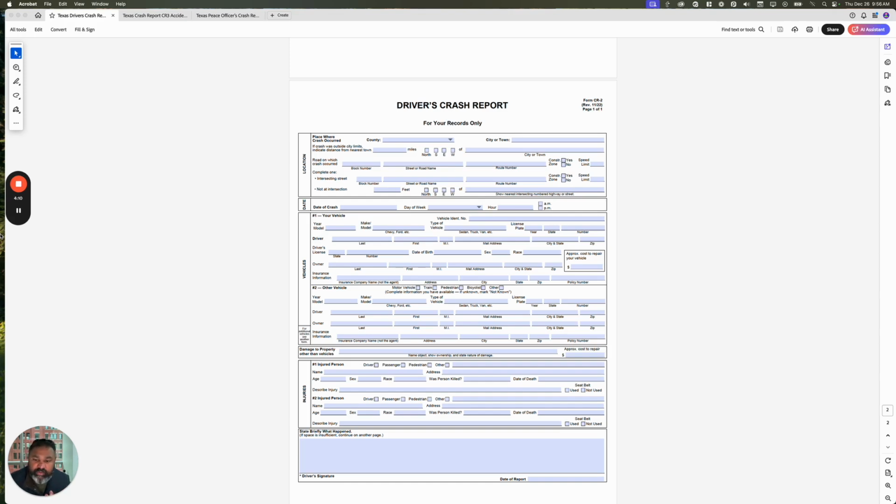You're going to describe any damage that you were able to note, as well as any injuries that you're aware of. And that could be your injuries, that could be your passenger's injuries, pedestrian injuries, or someone in the other vehicle who was injured. And at the very bottom, it's just asking you for a narrative that you can continue on a blank page.